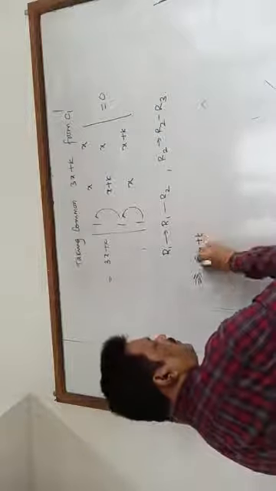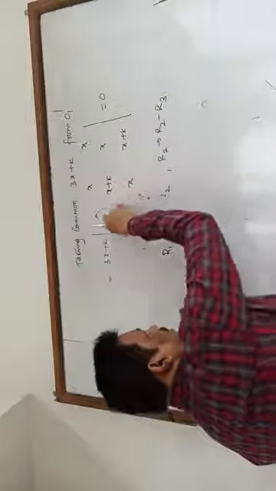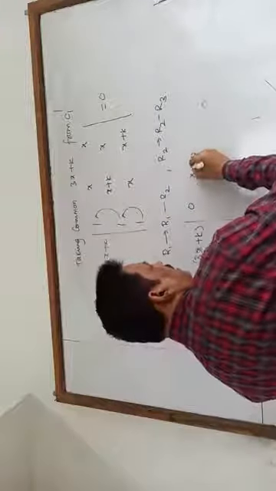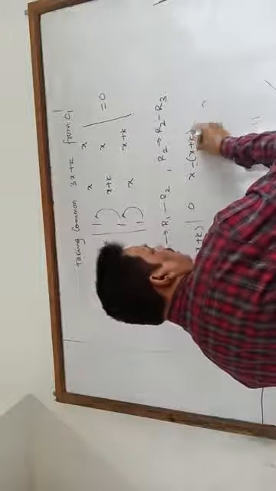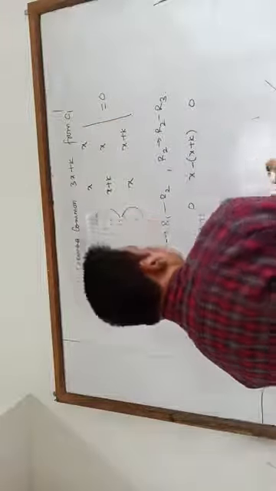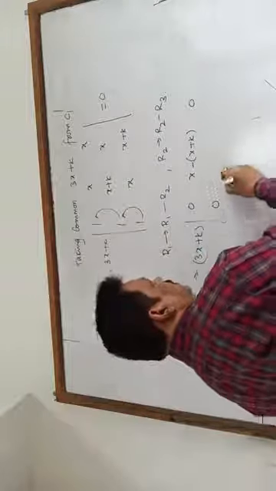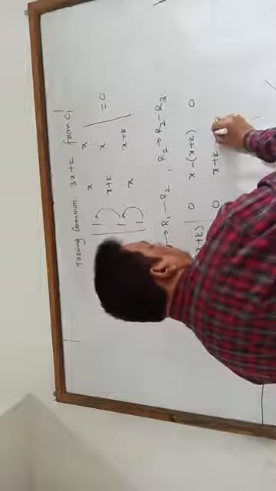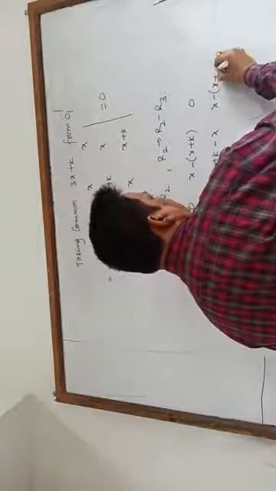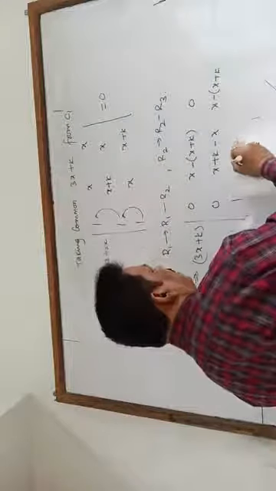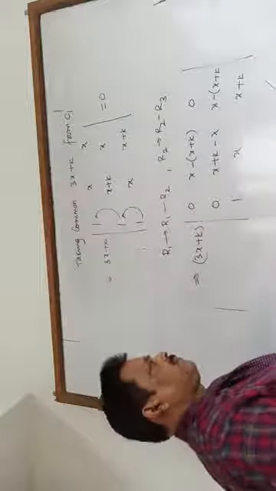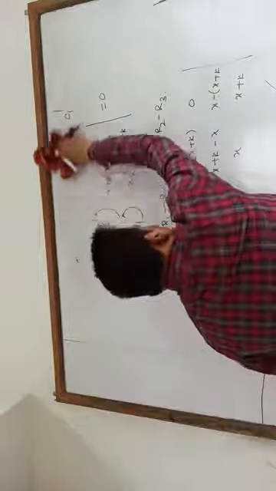3x plus k. 1 minus 1 is 0. This minus this: x minus x plus k, that is minus k. Then x minus x is 0. Then this is again 0. x plus k minus x is k. Then x minus x plus k is minus k. Third row remains the same, 1, x, x plus k. So what did you get?